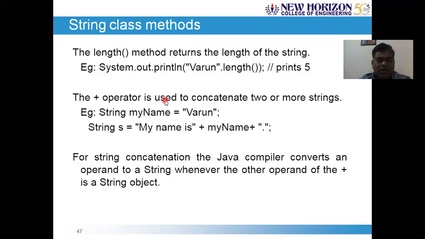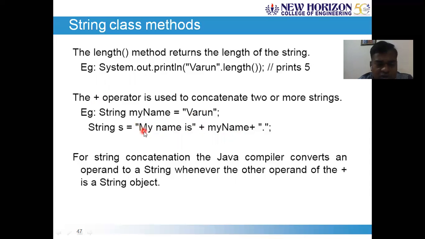And one more operator, the plus operator. Either you can use the concat built-in function to concatenate two strings, or you can use the plus operator to concatenate two different strings. Take an example: a variable called my name holds Varun, and you can write "my name is" plus my name.